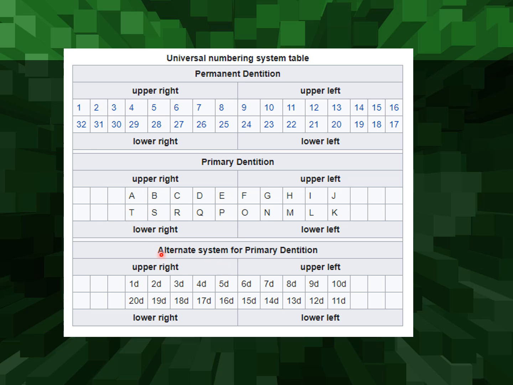But I would like you to know that there is an alternative system for primary dentition with numbers and small letters d.